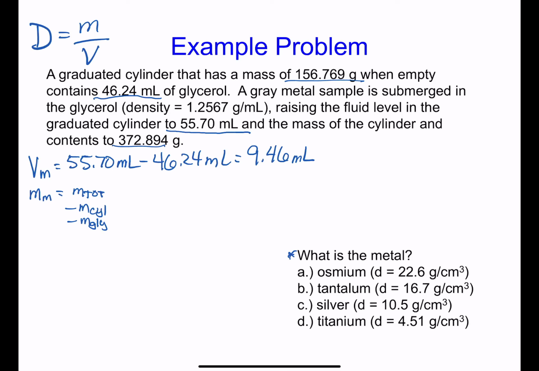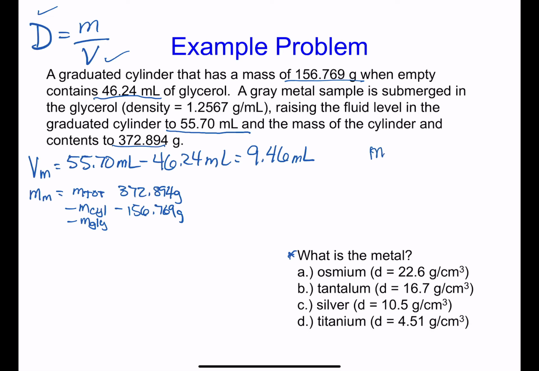That's not given. But we do have the mass total, 372.894 grams, and the mass of our cylinder, 156.769 grams. How do we find the mass of the glycerol? We're given the density of the glycerol, and we know the volume of the glycerol, so we could find the mass using our relationship.